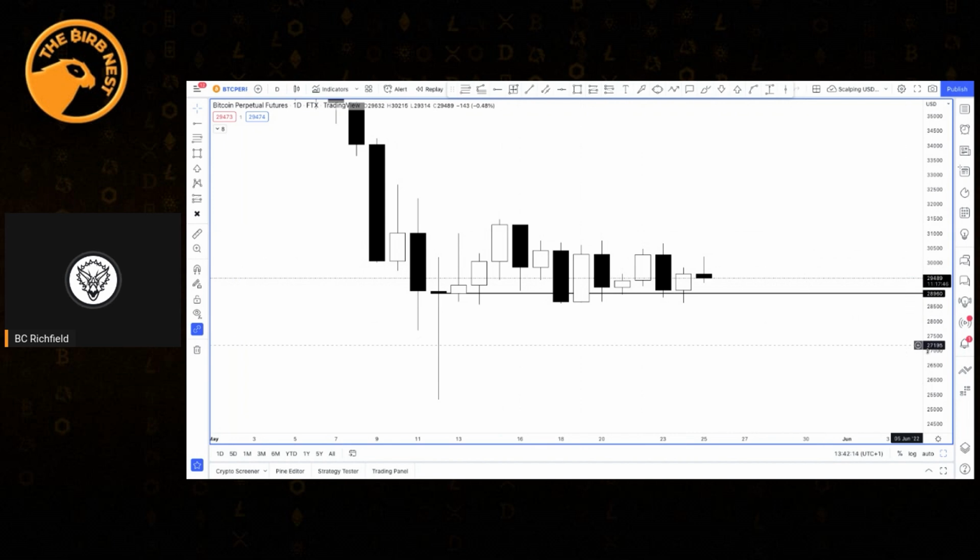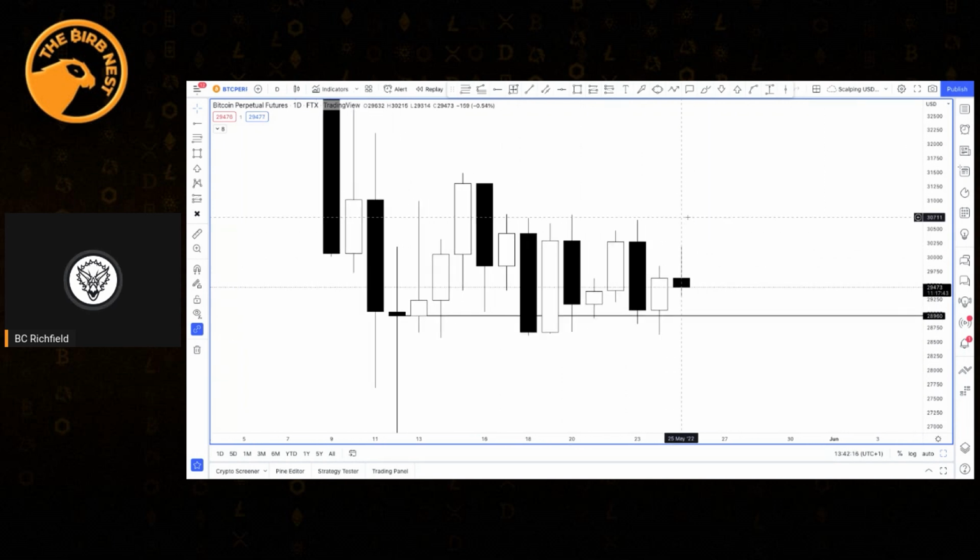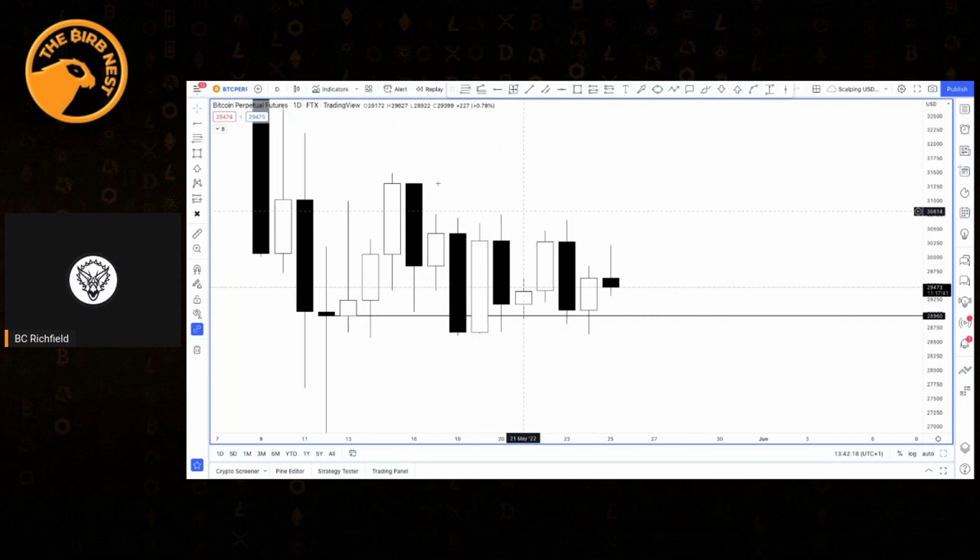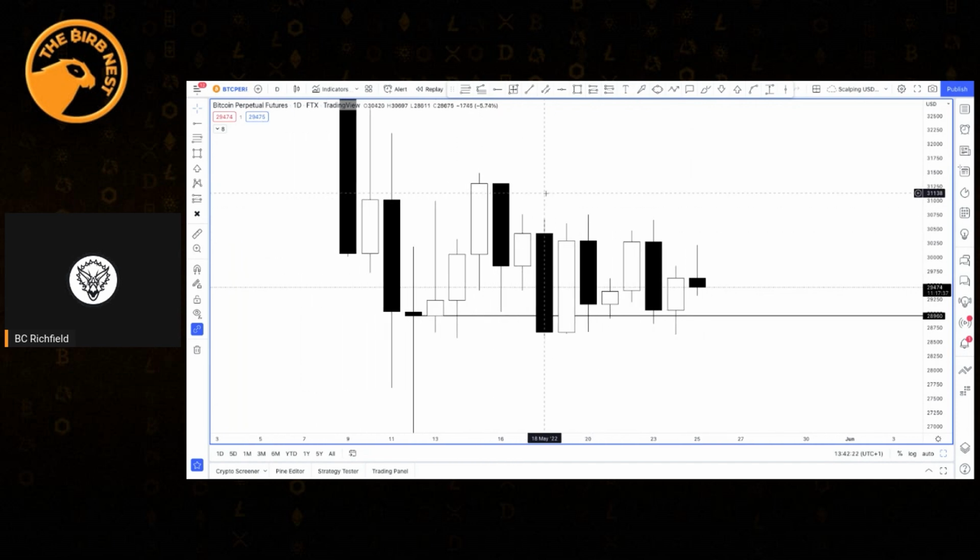So now what we want to do is look at the most recent tops, and what stands out to me are these wicks here. The wicks here have gone above a level and come back, and we can see by the candles here, when price has gone up above and failed to close above, we've then come back down and visited the low, this support level, which is acting as our range low.